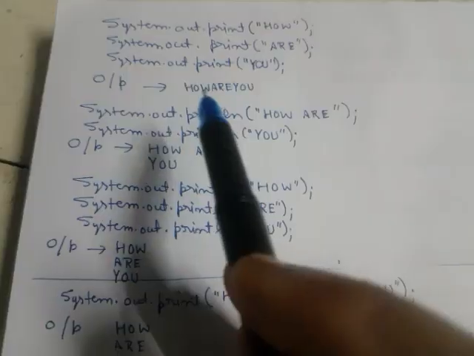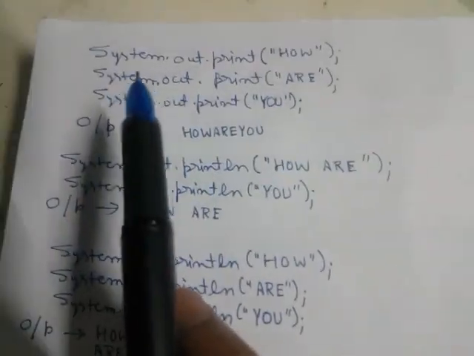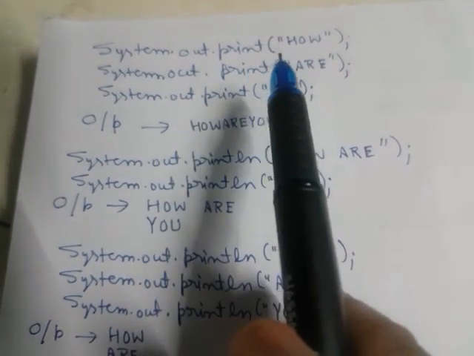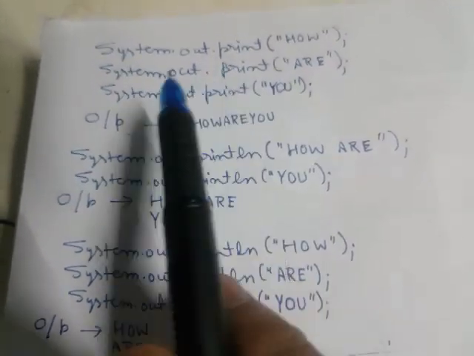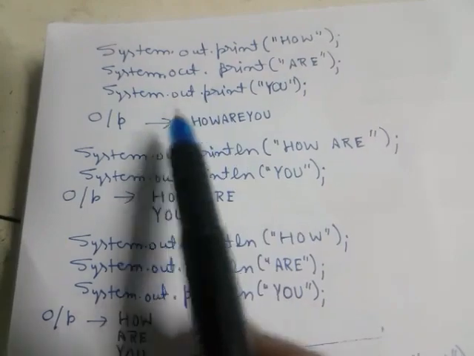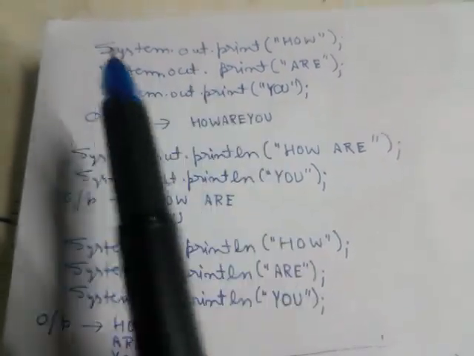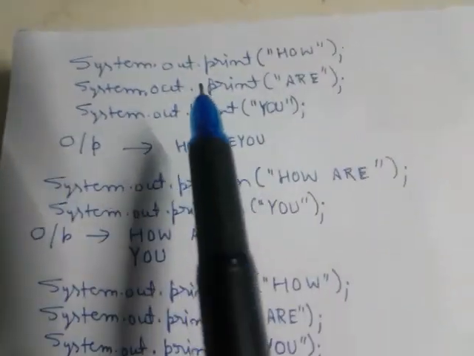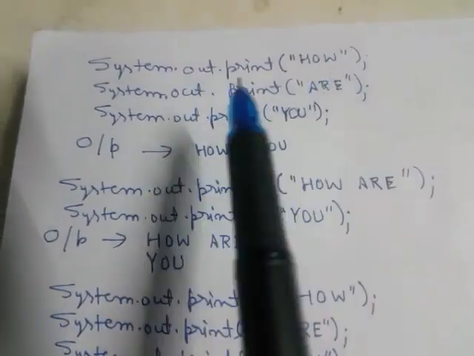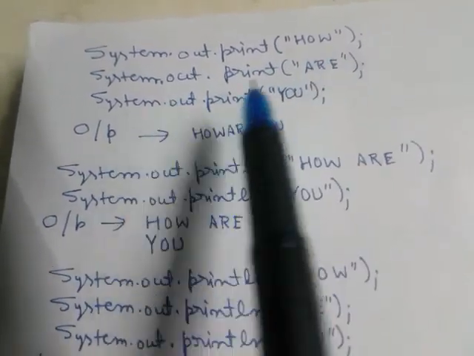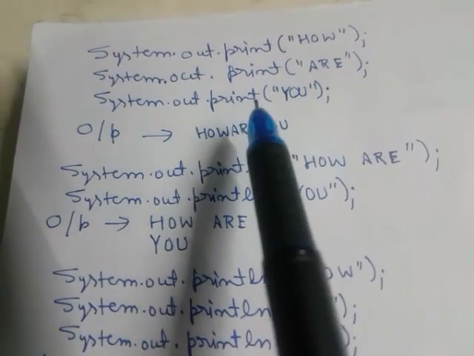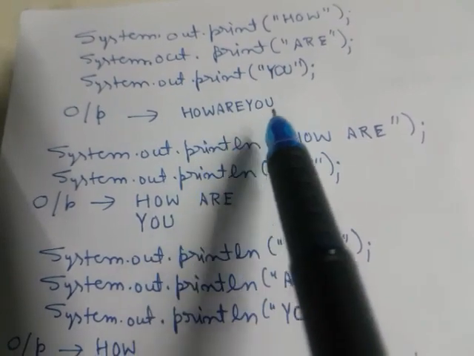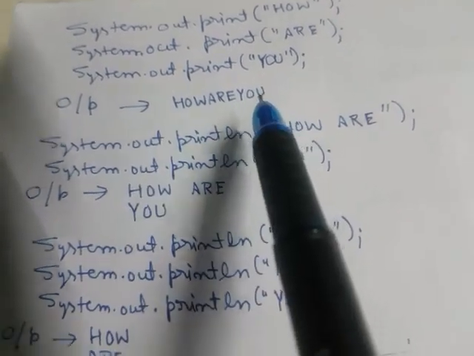Now students, with these examples you can understand better how printing in Java works using the System.out.print and System.out.println statements. First we will observe the System.out.print statement. Here you can see System.out.print "how", then the same statement with "r" is there, then another statement with "u", and you can see that the output is "how are u" without any space and in the same line.